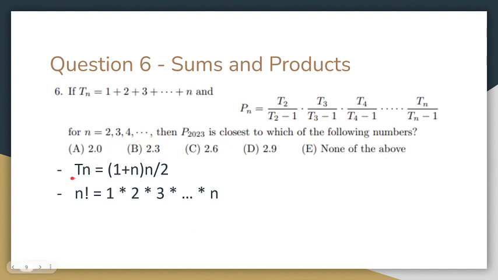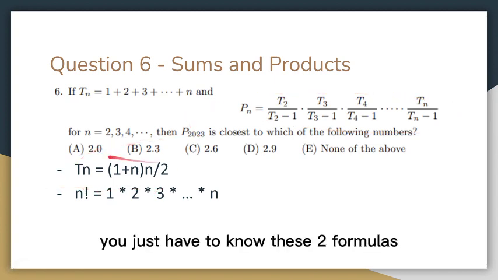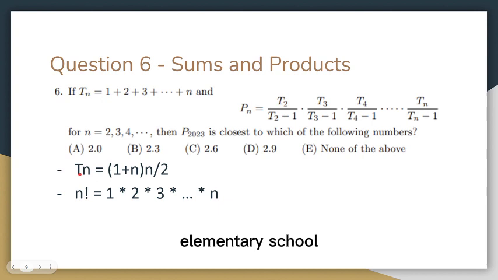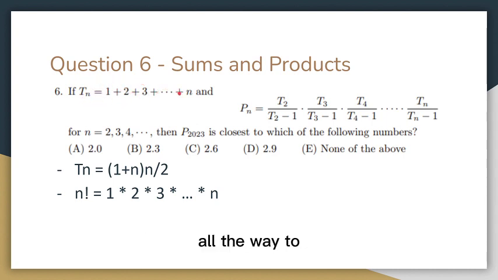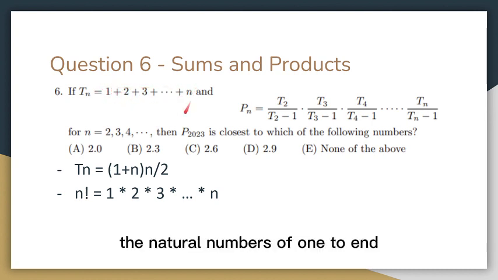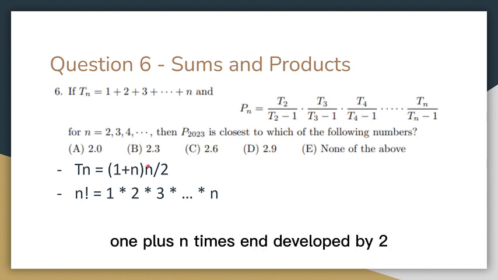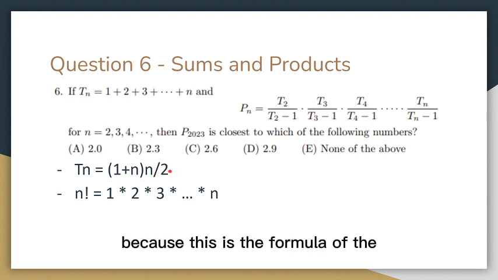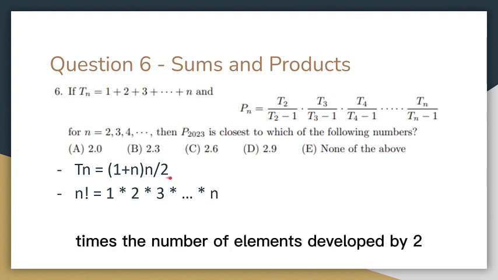Okay, so basically this question seems kind of messy, but it's actually really easy. You just have to know these two formulas, which I believe you have learned in elementary school. Tn is the sum of the natural numbers 1 to n, better written in sigma notation, and to get the sum it's (1 plus n) times n divided by 2, because this is the formula of the sum of arithmetic sequences: the first element plus the last element times the number of elements divided by 2.